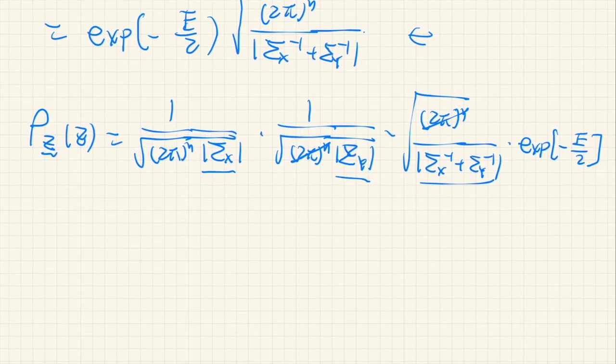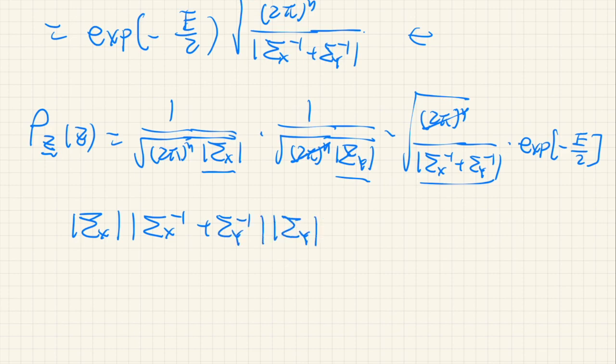And as you know, the product of determinants is the determinant of the products. So this is the determinant of sigma x times the determinant of sigma x inverse plus sigma y inverse times the determinant of sigma y.